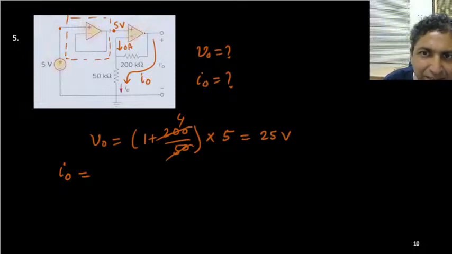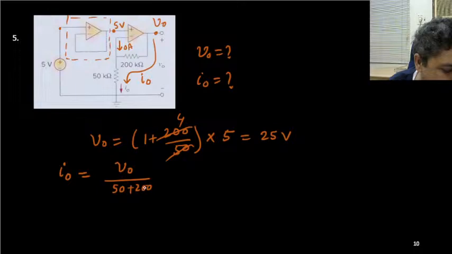If this potential is V0 and these two are connected in series, that current is the same as I0. So I0 will be V0 upon the total, 50 plus 200 K, and that much milliampere you will be getting.